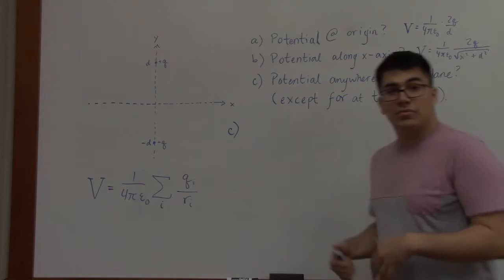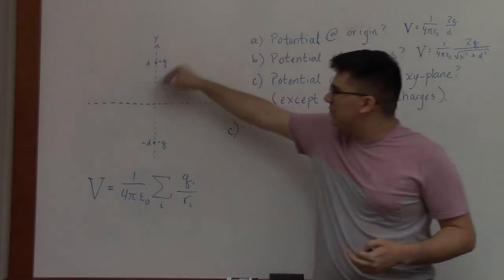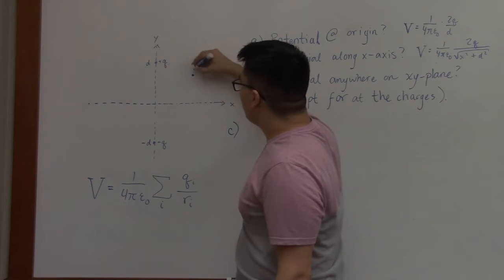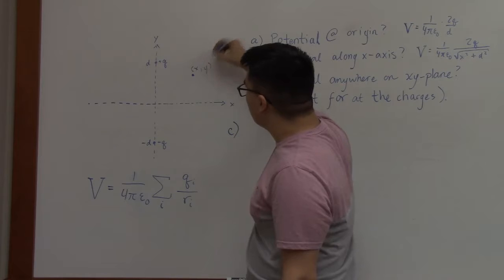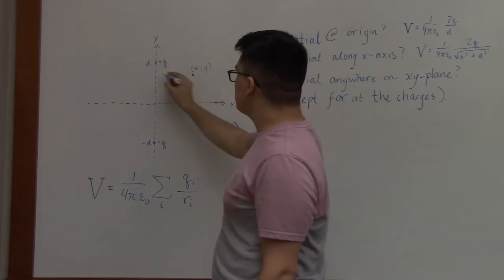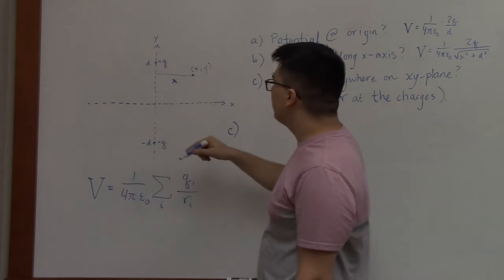Alright, so for the third part, we're just going to find the potential anywhere on the xy plane, say for these 2 points. So any point on the xy plane is going to have position x, comma, y. So for instance, the x position is always going to be x relative to both of these charges.